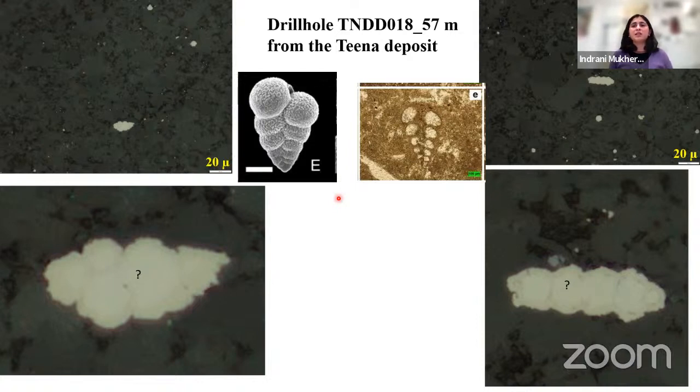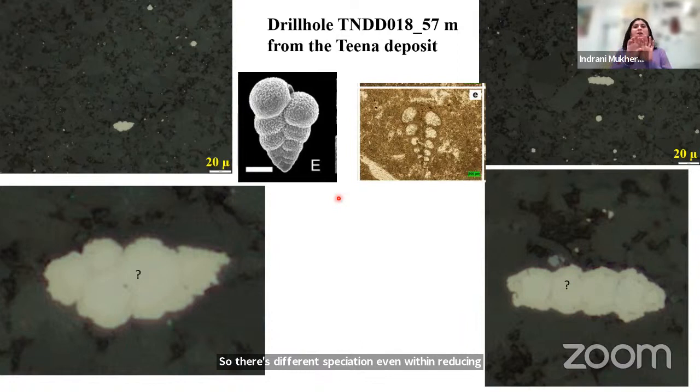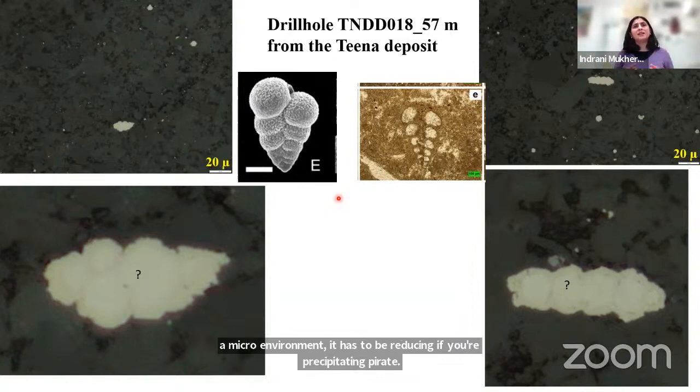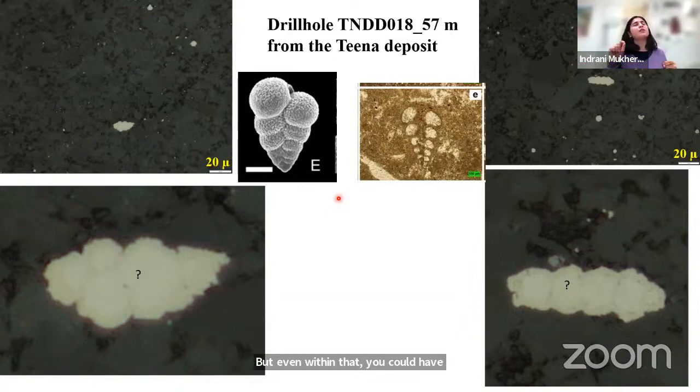So there's different speciation even within reducing conditions. So I think in the case of pyrite, because it's a microenvironment, it has to be reducing if you're precipitating pyrite. But even within that, you could see different species of elements that have a gradation of species depending on the redox conditions.